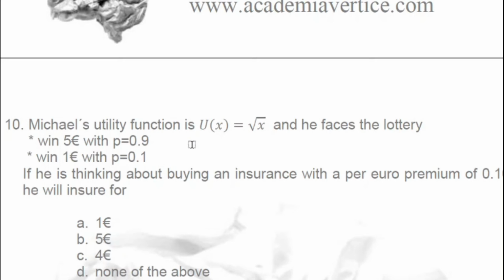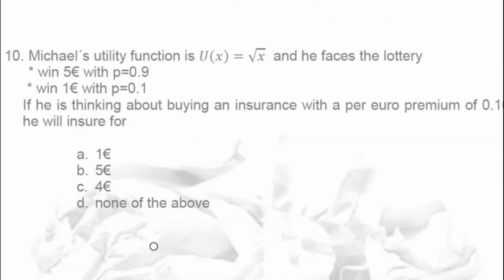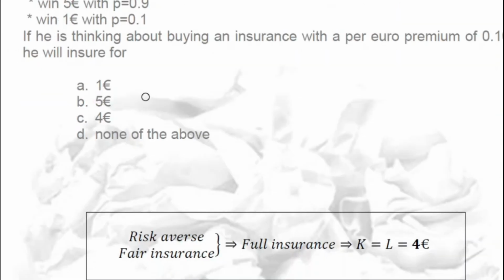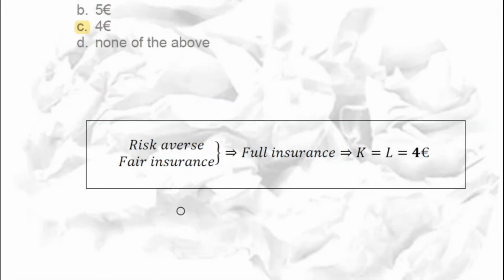He will buy full insurance. As the maximum loss is 4, the difference between 5 and 1, the answer should be 4. We could do the calculations; I recommend you do them at home, and you will find that we are correct. We've seen this so many times in class that we know this will happen for sure.